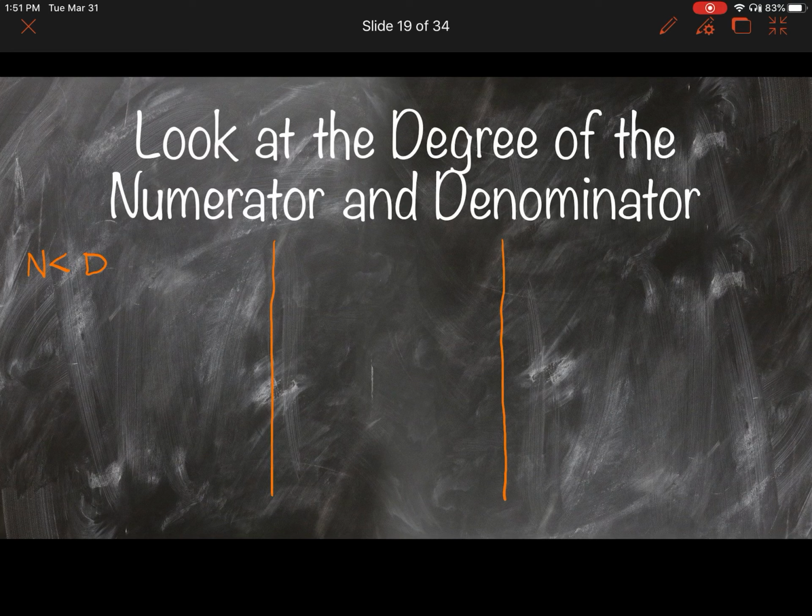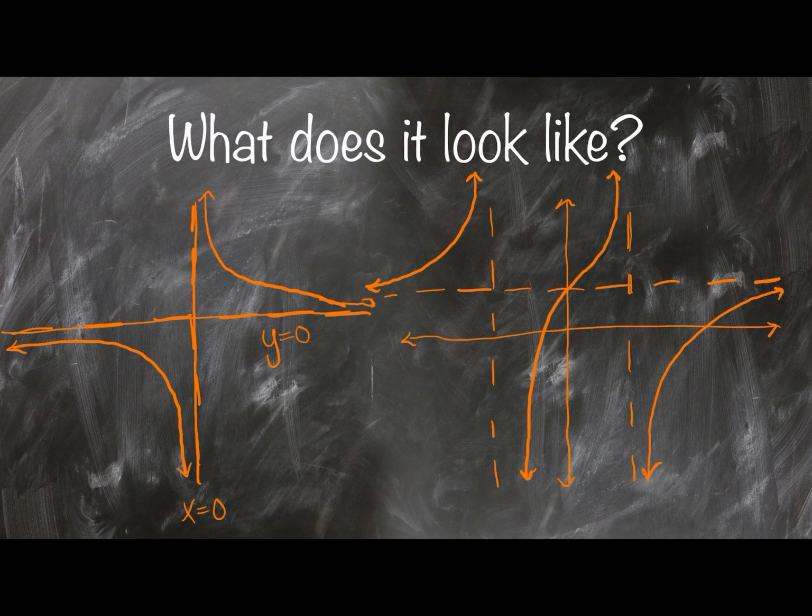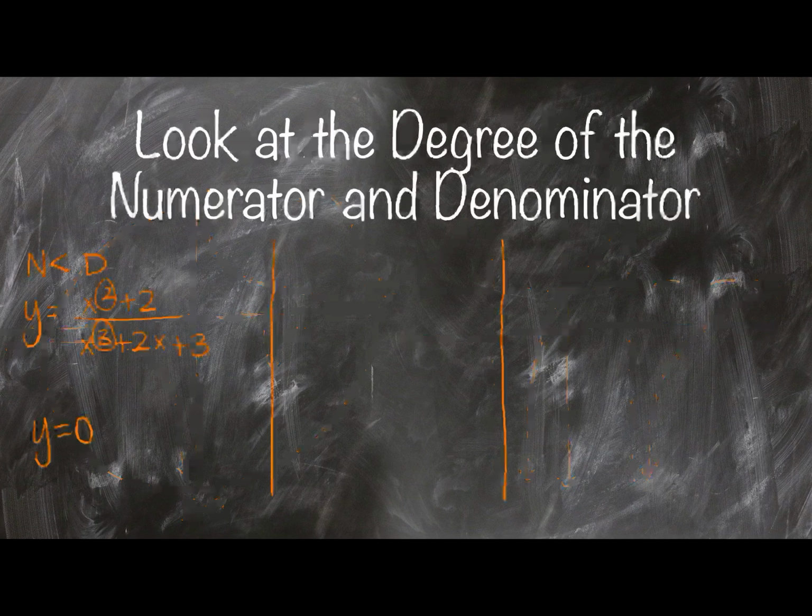For instance, we could have something like y equals x squared plus 2 over x cubed plus 2x plus 3. Notice that the degree of the top is 2, the degree of the bottom is 3. And in this case, we always have the exact same horizontal asymptote, which is y equals 0. Just like in that first graph I did, there was a horizontal asymptote at y equals 0.